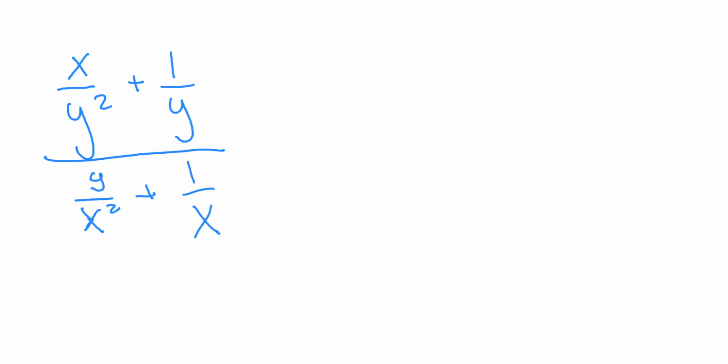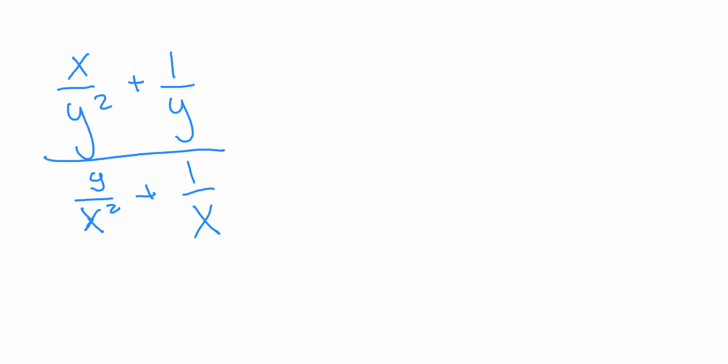Okay, so in this example, if we wanted to use the division method, I would have to first find an LCD and add both these fractions. Then I have to find an LCD and add both these fractions. Then I do division. But since I'm going to have to find an LCD for these and an LCD for these, why don't I just find an LCD for all 4 of these denominators and multiply by it?